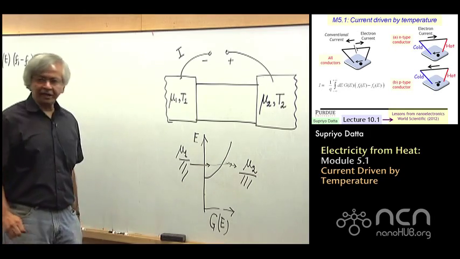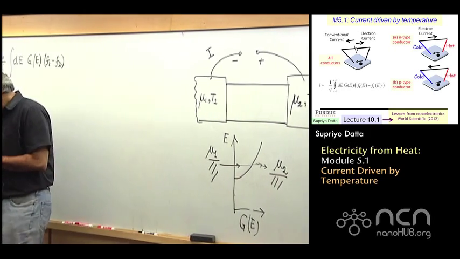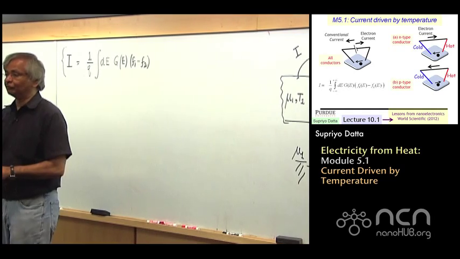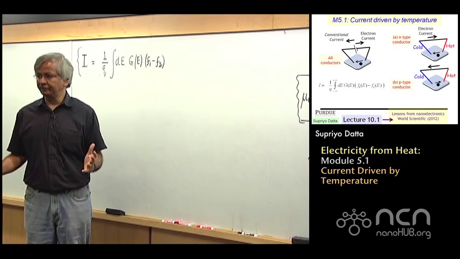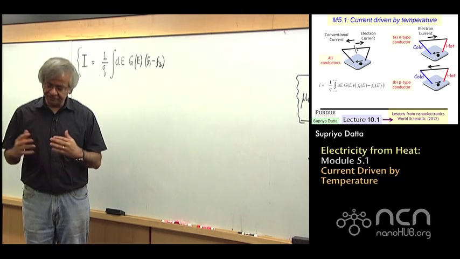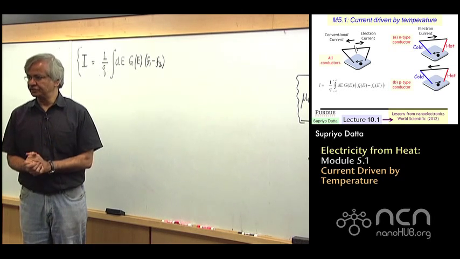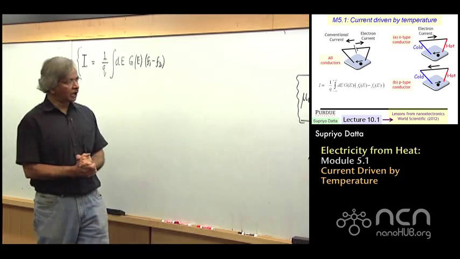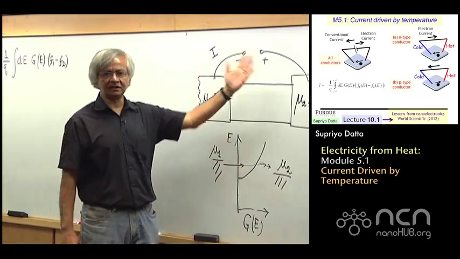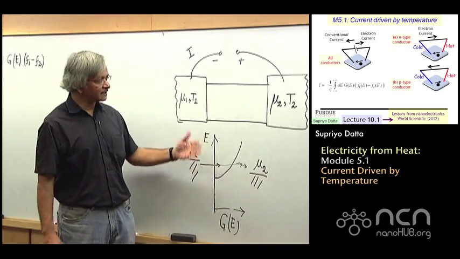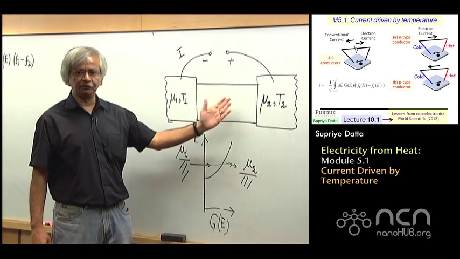Now, today what I want to talk about is a different kind of current flow, one that is driven not by an external battery or a voltage, but by a temperature difference. So you've got these 2 contacts which are held at 2 different temperatures. One is hotter than the other. And as a result, current can flow through this circuit.